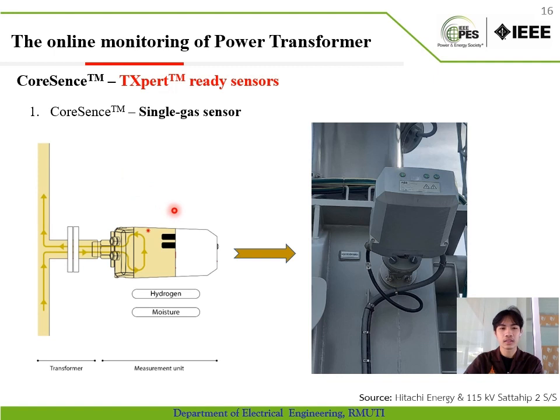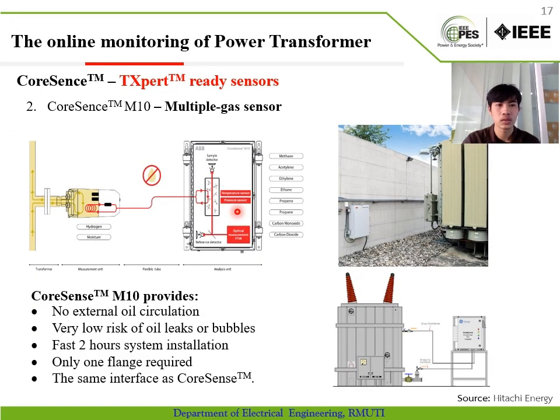For analysis of the concentration in the transformer oil, the quantity of hydrogen and moisture is in good condition or exceeds the limit. Constant TM M10 has the same interface as Constant TM.